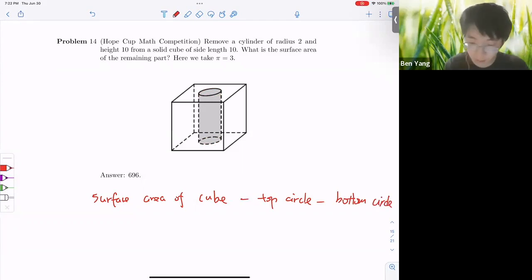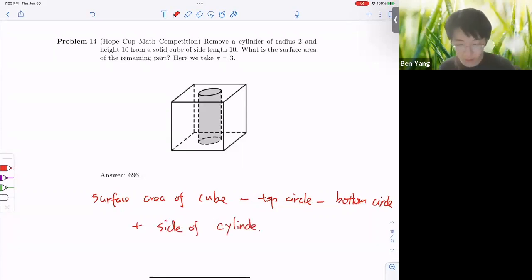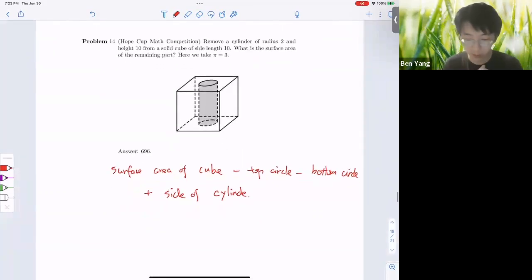But at the same time, we created some surface inside. That's the side of the cylinder here, the side face. So we need to add the side of the cylinder. Okay, we can compute. The surface area of the cube is 6 times 10 squared, because side length is 10, 6 faces.